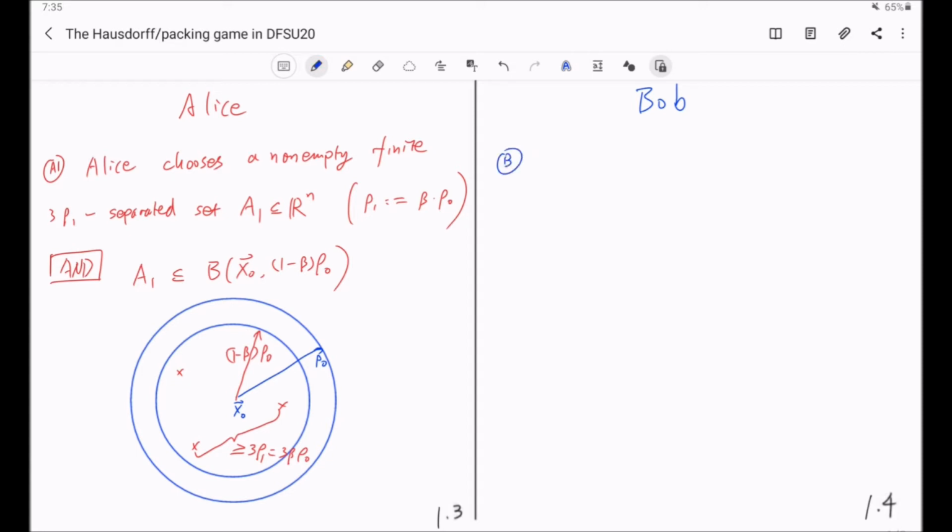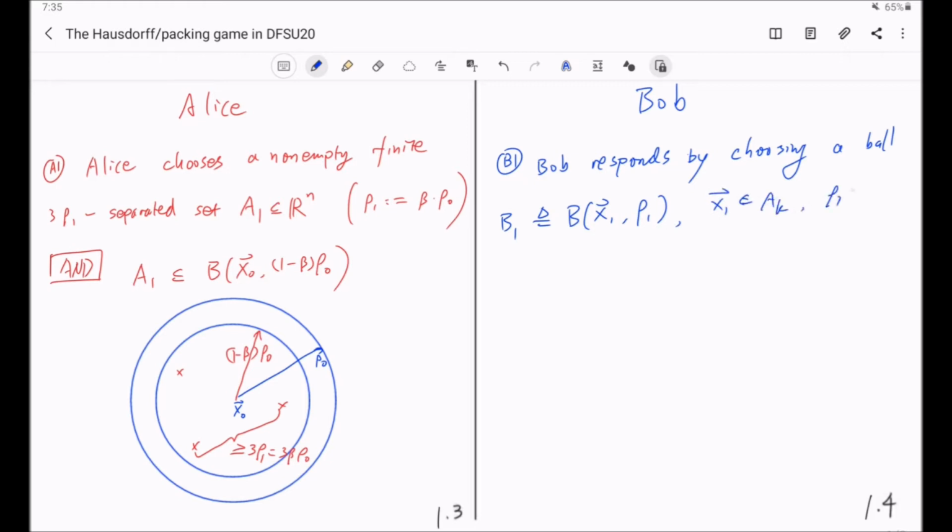And Bob will respond to this by choosing a ball B1, centered at x1 with radius rho 1. Here x1 is in A1, Alice's choices.